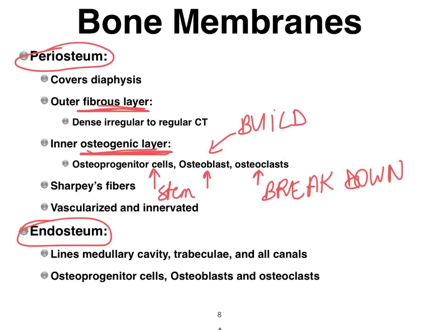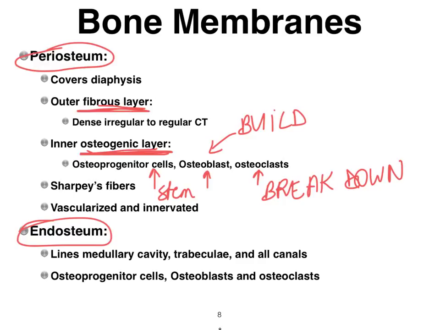Well, this layer contains such cells as osteoblasts, which can build bone tissue, so we're clearly capable, with the help of this layer, of generating new bone tissue. So from there the term osteogenic layer. Remember, genesis means creation, making of, generating basically.